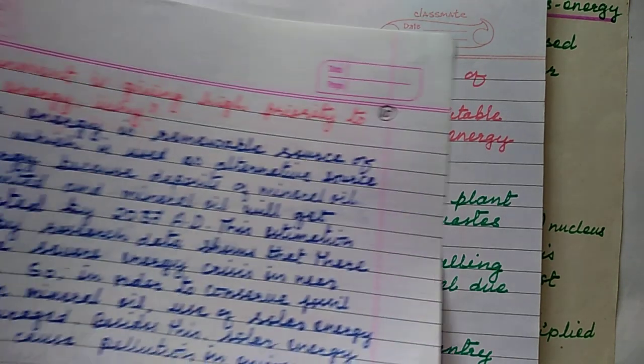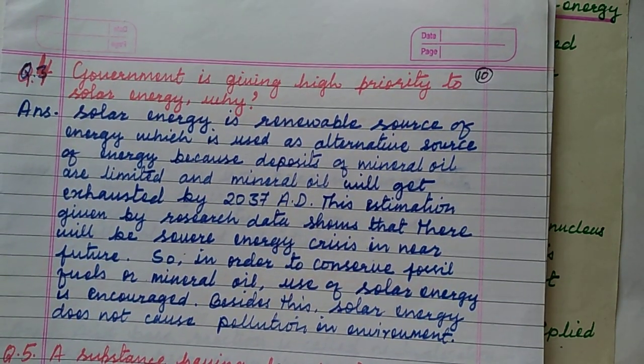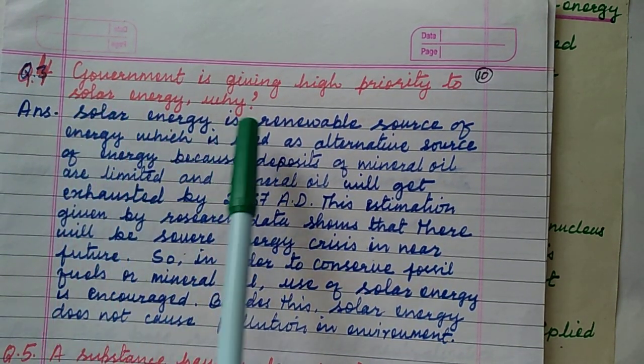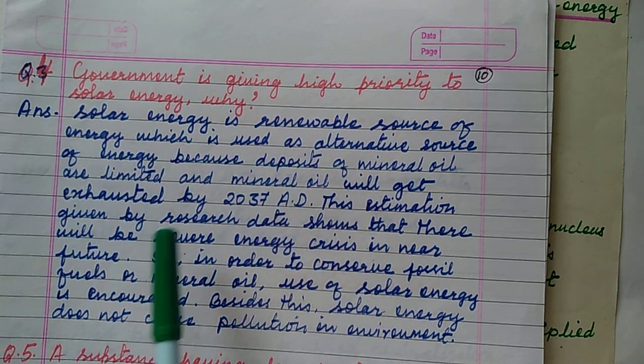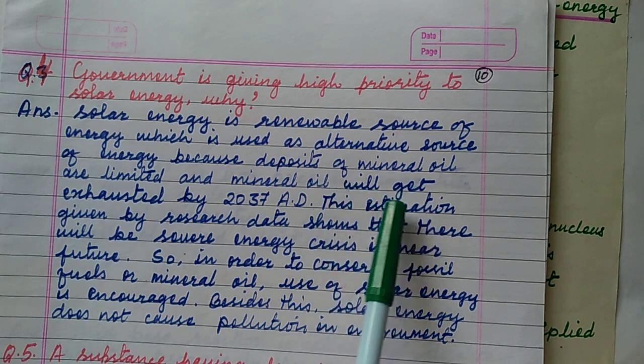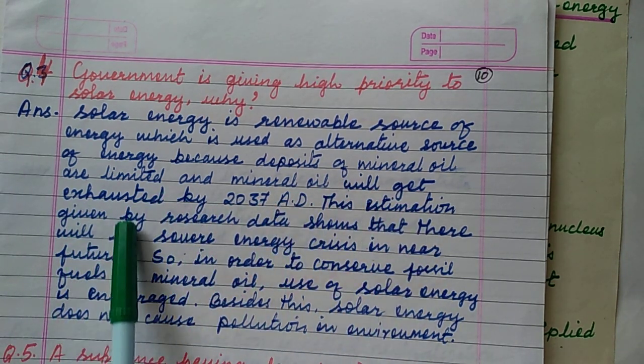So the next question relating to this topic is: government is giving high priority to solar energy. Why? Solar energy is a renewable source of energy which is used as an alternative source of energy because deposits of mineral oil are limited and mineral oil will get exhausted by 2037 AD.